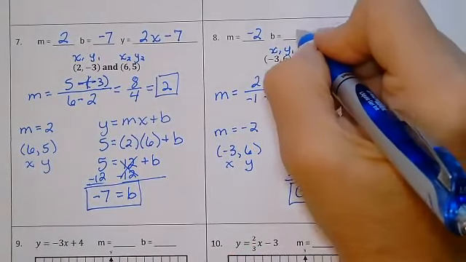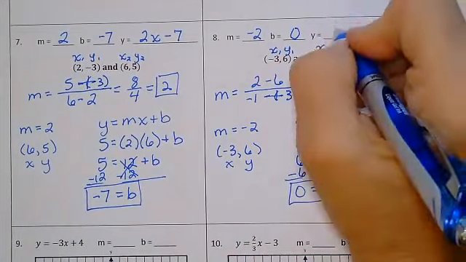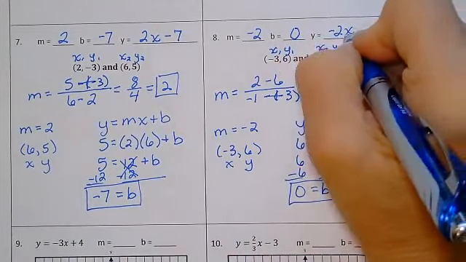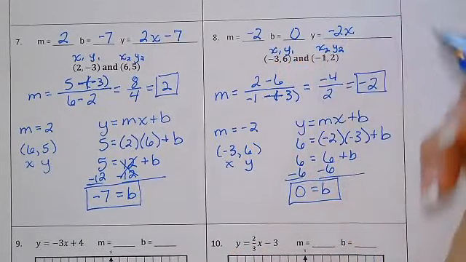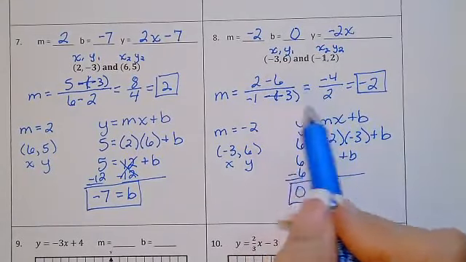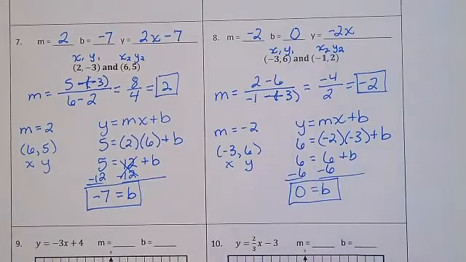So b is 0. So when I write that, it would be y equals mx plus 0. So I don't even need to put it. The equation for these ordered pairs is y equals -2x.